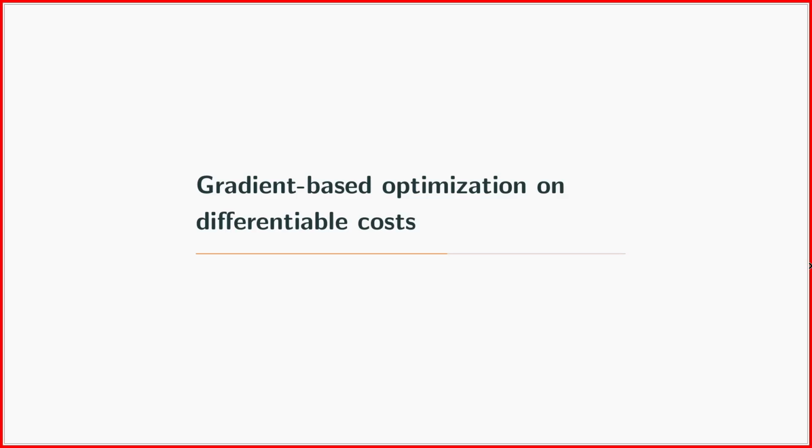And now I want to talk a little bit about gradient-based optimization on differentiable costs. So with splines you have of course some disadvantages because you are very restricted to optimizing a very certain cost function, namely one where you optimize, for example, the energy of the system or acceleration of the system. You also optimize for smoothness, but sometimes you have more complicated cost functions.